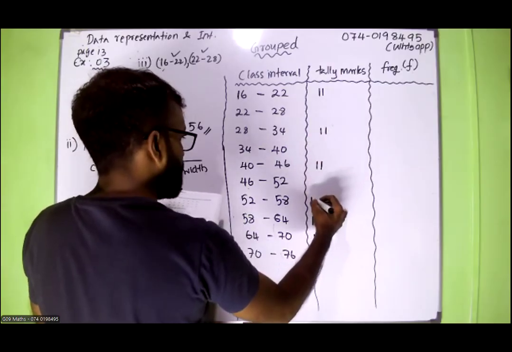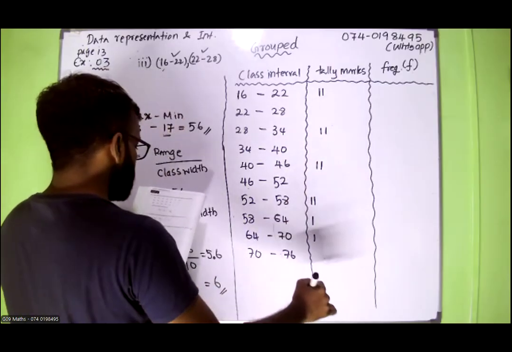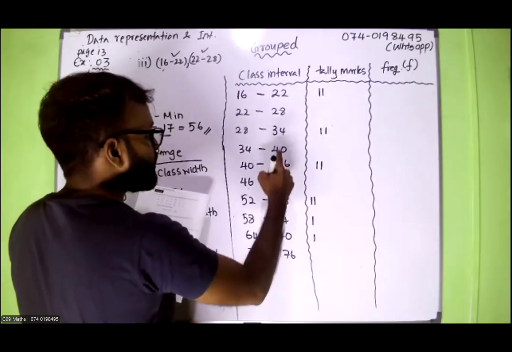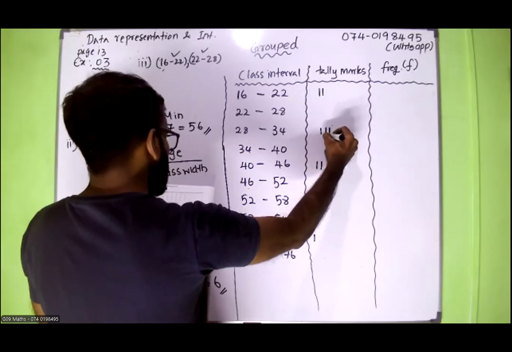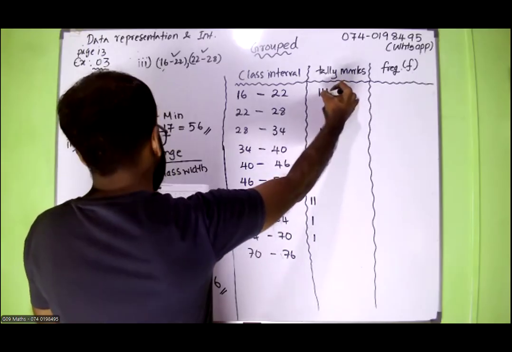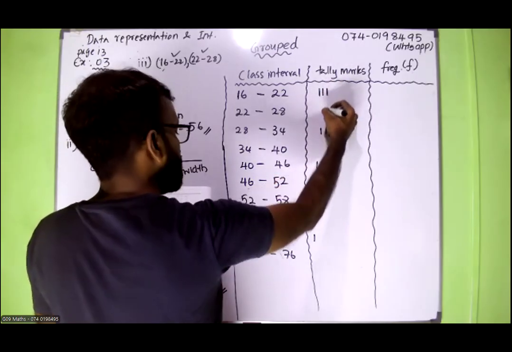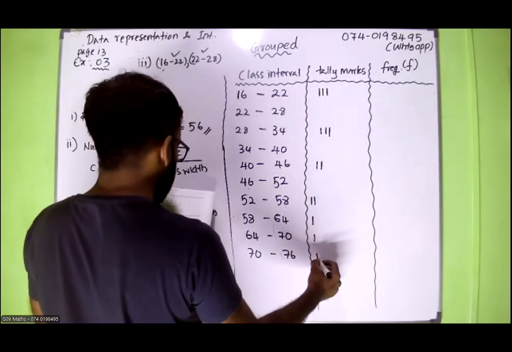58 here, the ending point. 33 here. 20, 20, 20 here. 73 here.